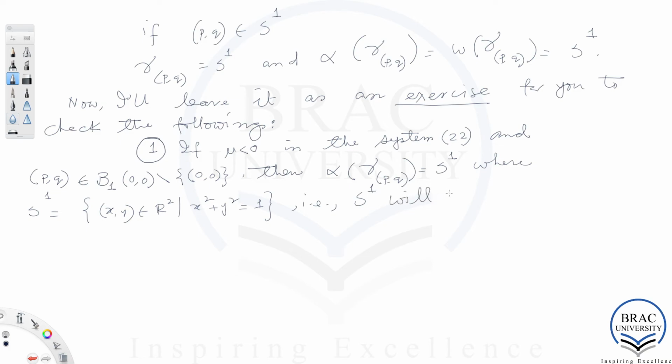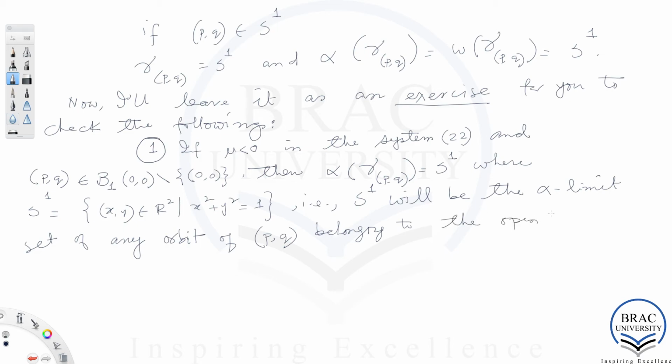That is, S1 will be the alpha limit set of any orbit of P comma Q belonging to the open ball B(1, (0,0)).